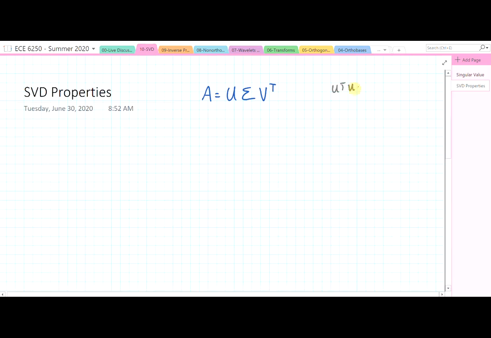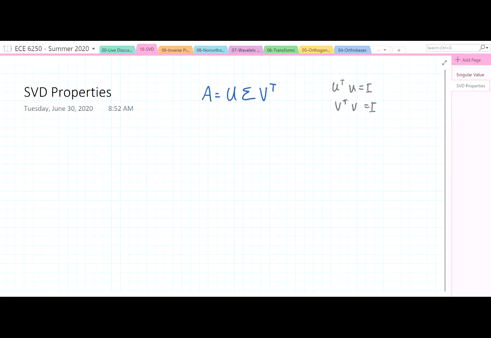U transpose U is equal to I. And V transpose V is equal to I. But in general, U U transpose is not equal to I. We'll talk more about that later.